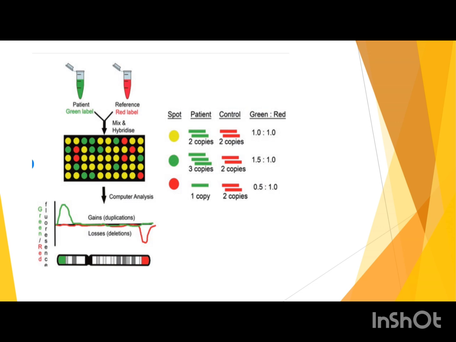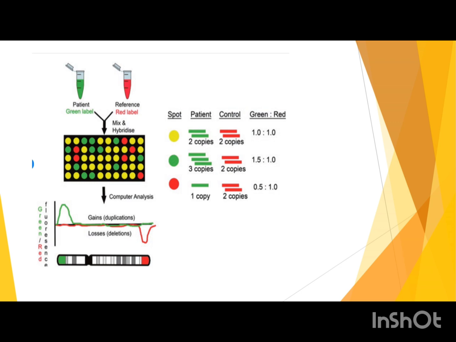If the part of the DNA which is labeled with green fluorescence is exactly matching with the part which has red fluorescence, it means the patient sample has exactly the same sequences which can get attached to the reference. So the ratio of red and green is 1:1 because they are equal.